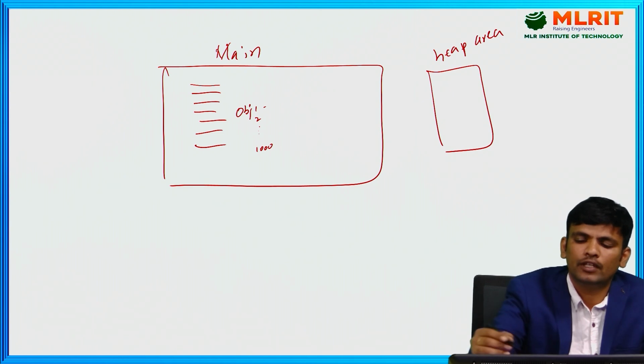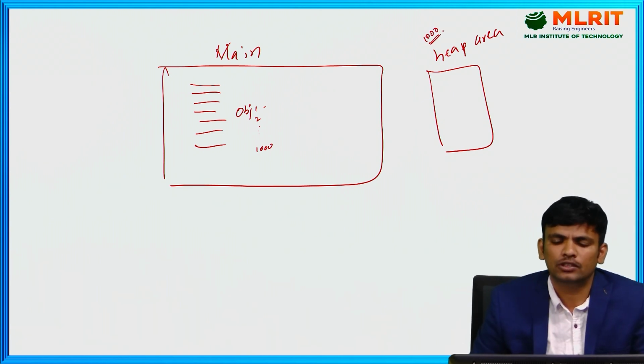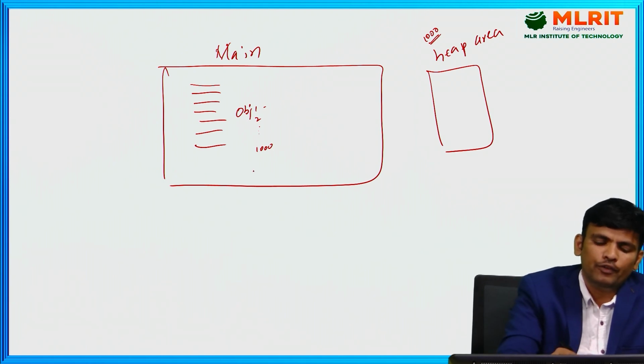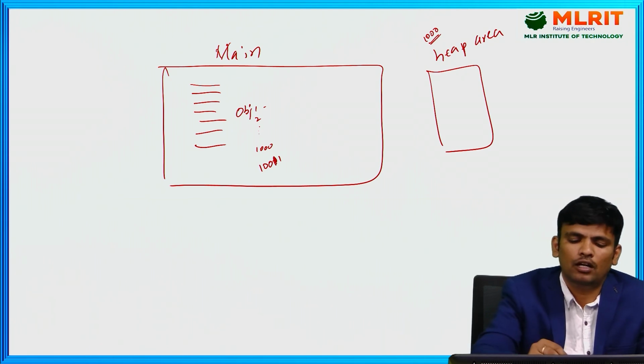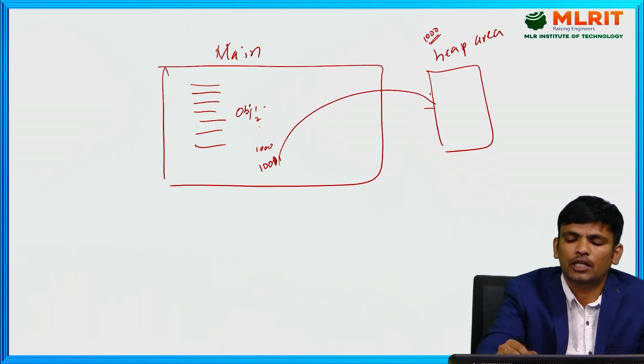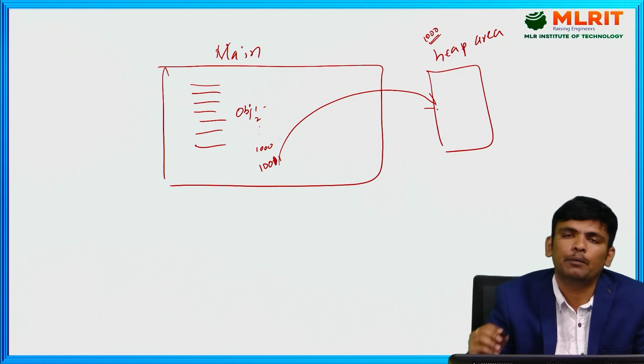The capacity of the heap area is what? Assume, just for instance, the capacity of the heap area is 1000. Now what happened? If you create a 1001st object, there is no chance to keep this object in the heap area.